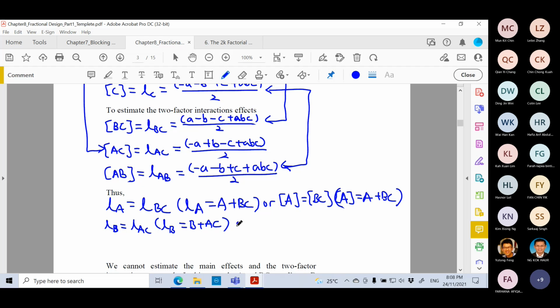Or of course we can use here, will equal to the AC. Okay, so we call it as B. It actually consists of the B plus the AC. Okay, then the last one is also a similar one, LC.